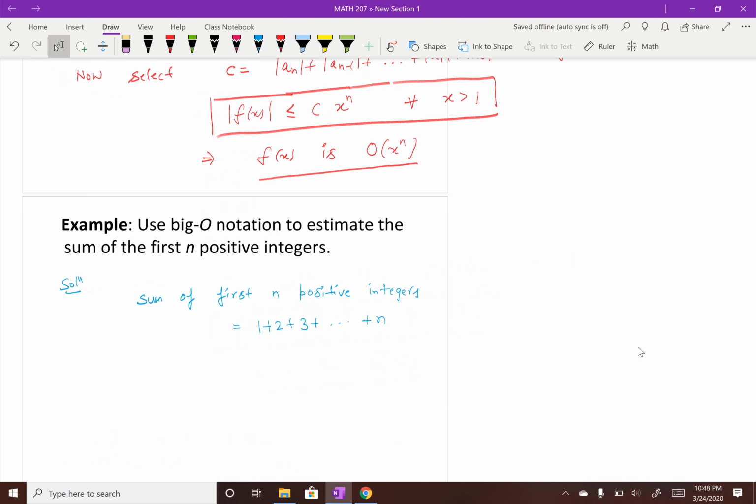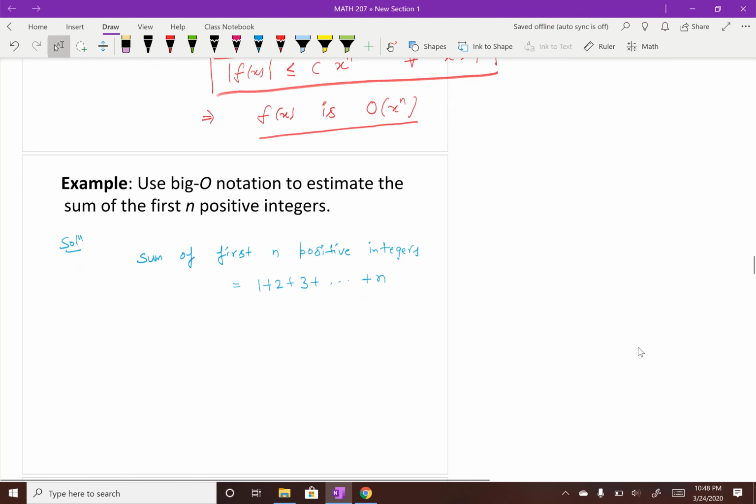In my next example, I want to use the big O notation to estimate the sum of the first n positive integers. My sum of the first n positive integers is nothing but 1 plus 2 plus 3 all the way up to n. Now I can show that this sum is less than or equal to n plus n plus n all the way up to n when n is greater than 1.